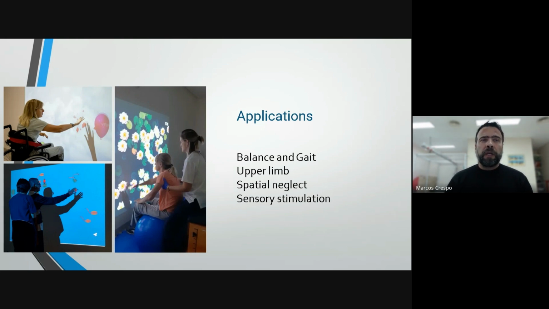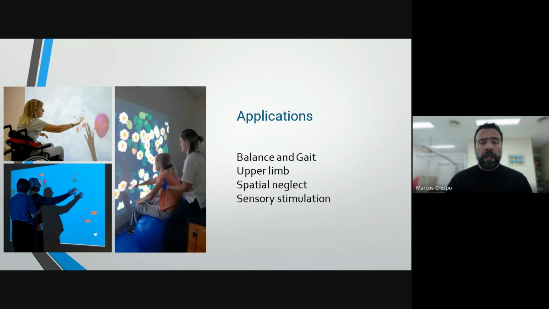It is also a very useful tool for that, because the sprite activities can be located in any field of the screen or the virtual environment, so we can assess the affected side of our patient and try to propose more activities from the affected side, also to get better results.